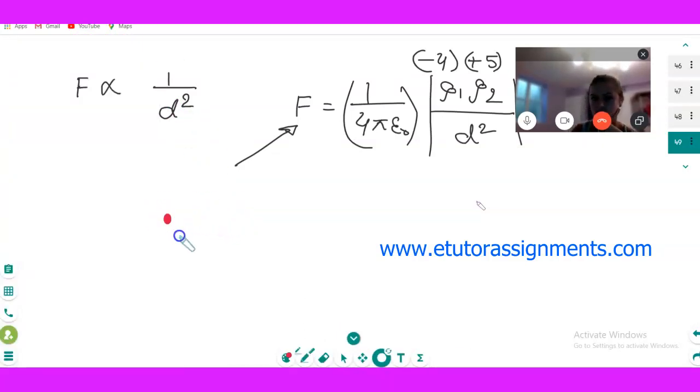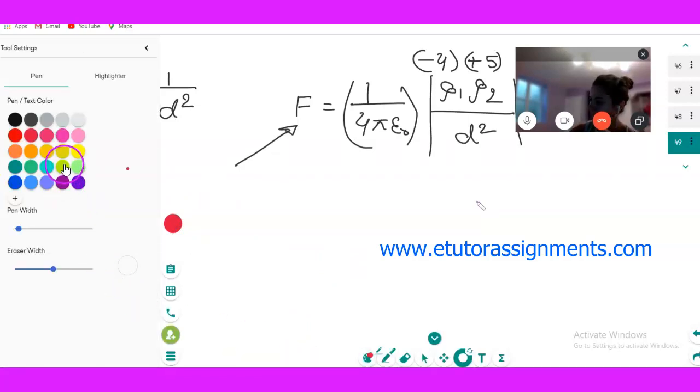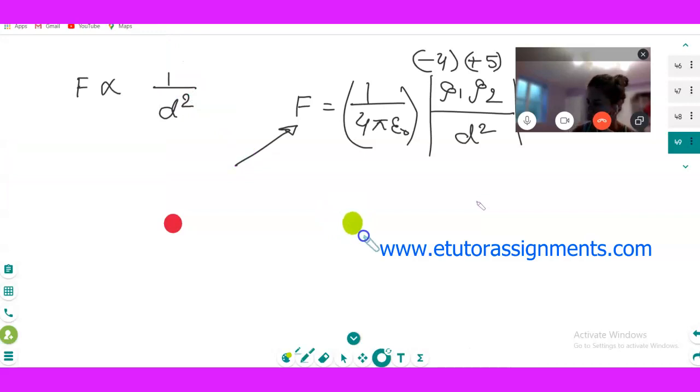Let us say this is the q1 charge and this is the q2 charge. This is the positive charge, this is the negative charge.